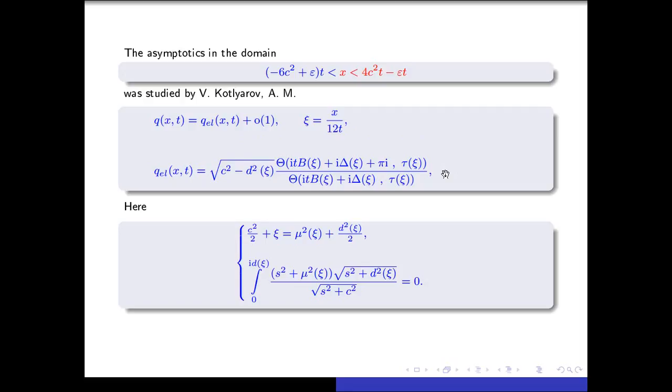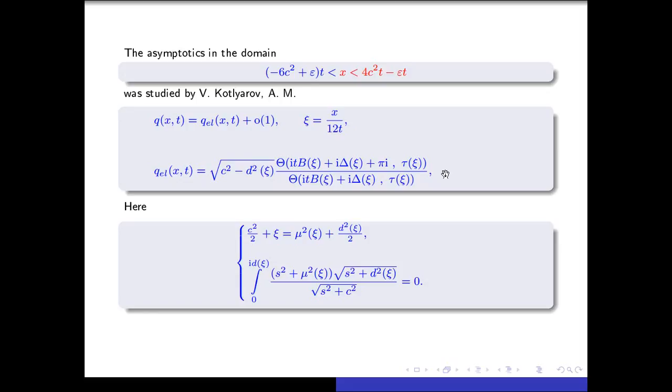The asymptotics in the region beyond the left border of this region in which we are interested was studied via the Riemann-Hilbert problem method, and the leading term has the following form of a modulated elliptic function.